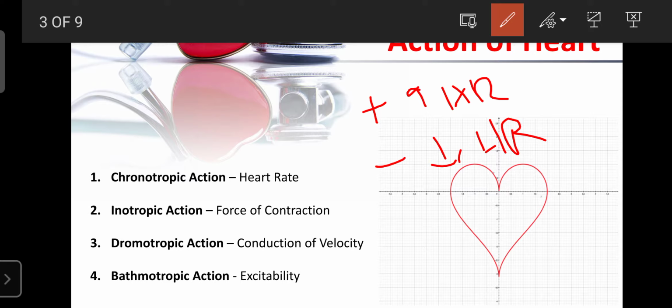If it increases to more than 80, sometimes more than 90, that is known as the positive chronotropic action or condition, where the heart rate is more than normal. Whatever drugs or agents increase the heart rate are known as positive chronotropic agents. If a drug decreases the heart rate, it is known as a negative chronotropic agent.